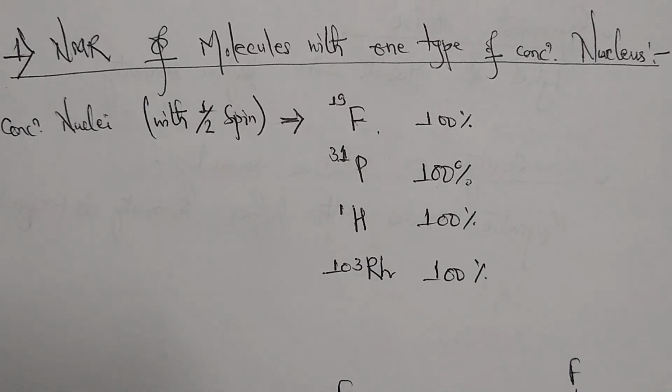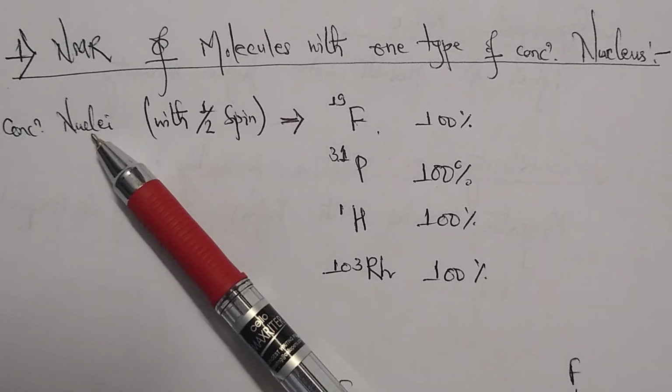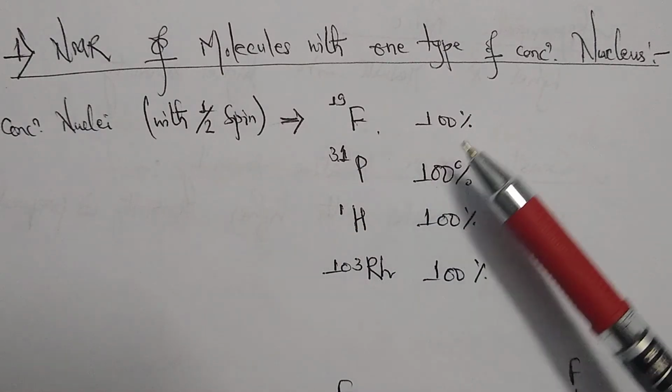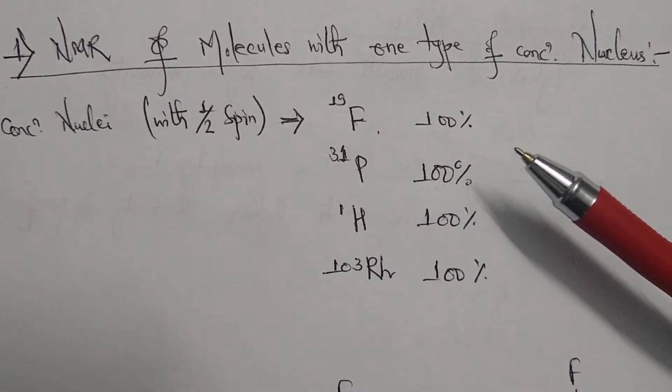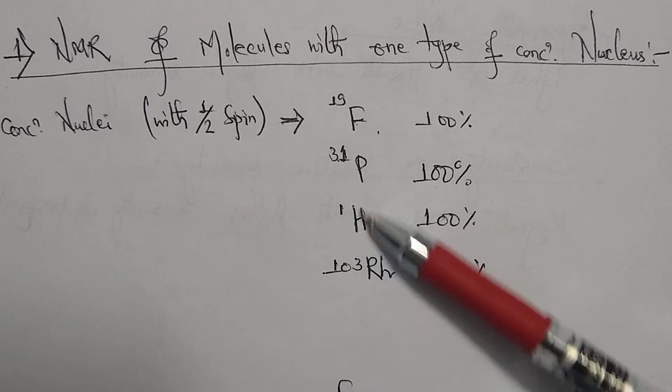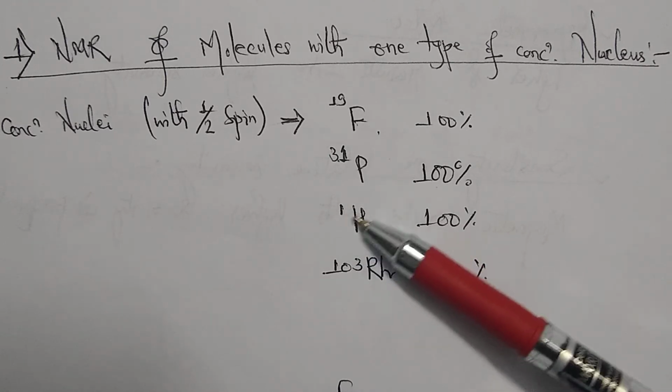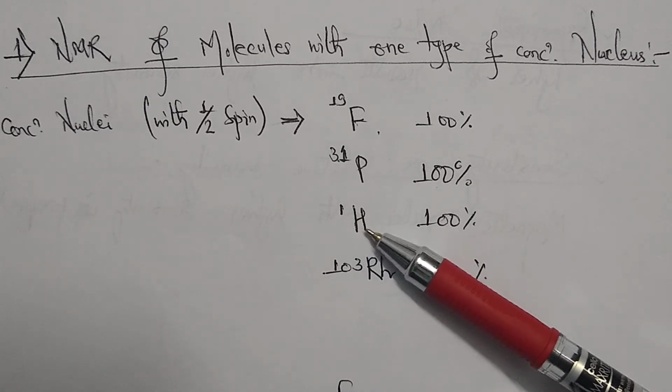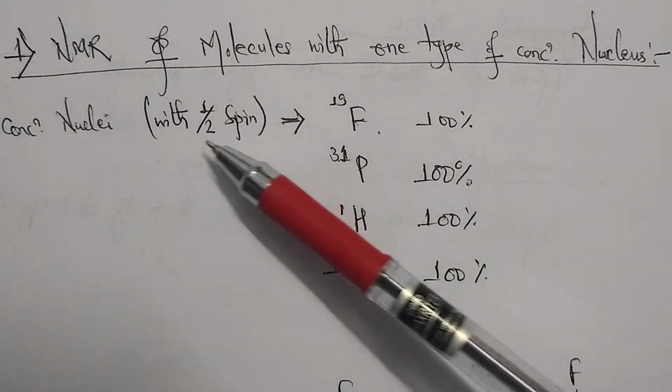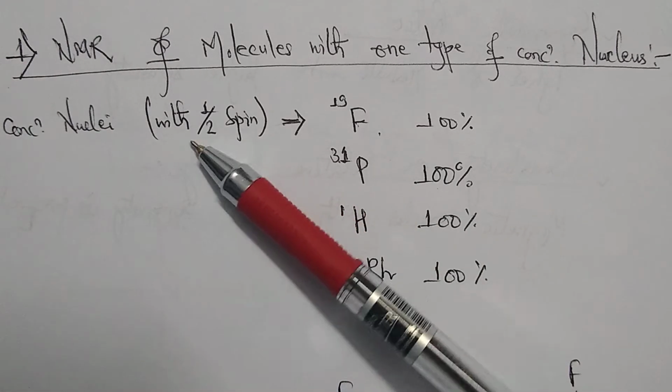Since we know the concentrated nuclei are of those kinds which have their natural abundance around 100%. Like in the case of the proton, which we are very familiar with, its natural abundance is around 100% and its nuclear spin is half, so it will give an NMR signal.